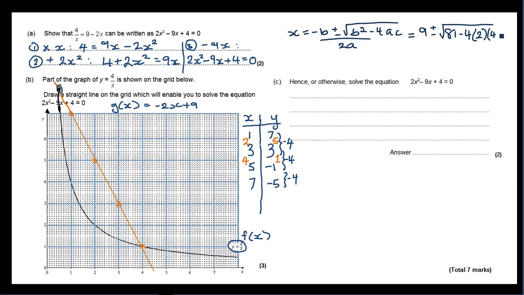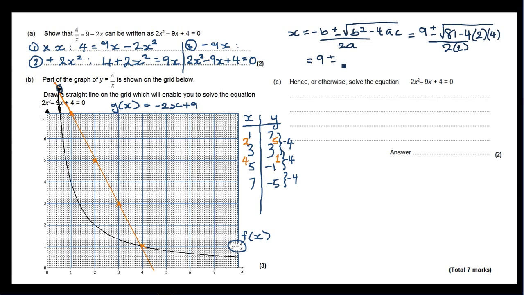And what's c? c is 4. Okay, like that, divided by 2 times 2, which is going to be 4. So all we need to do is resolve all of that, and we should get our 2 values of x. Let's give it a go.